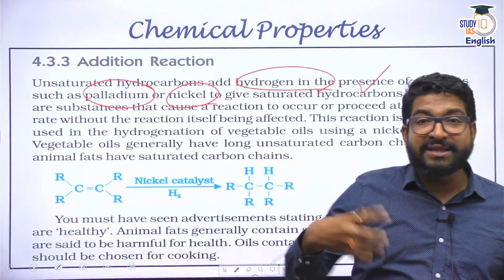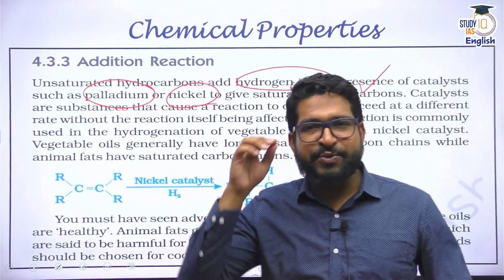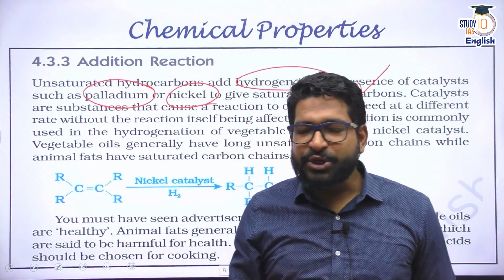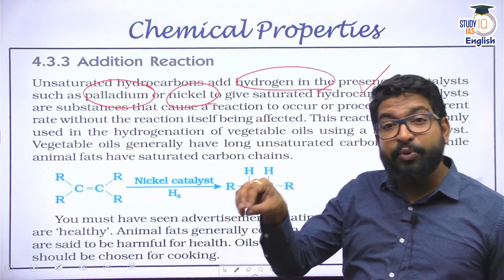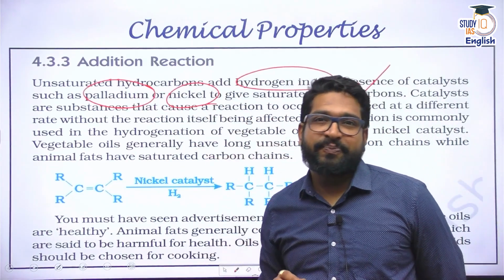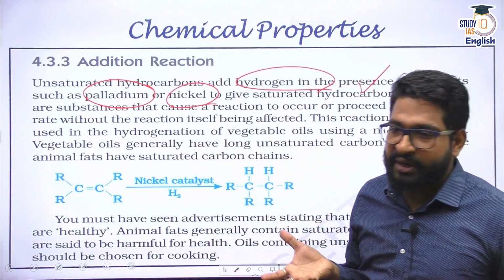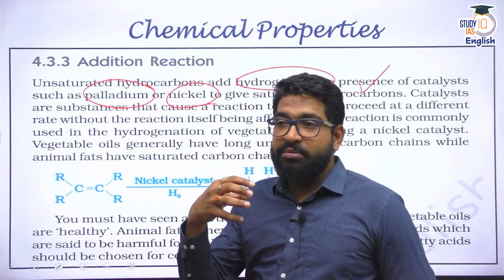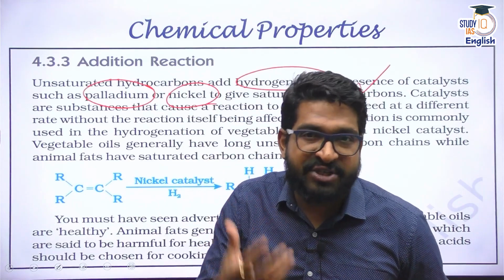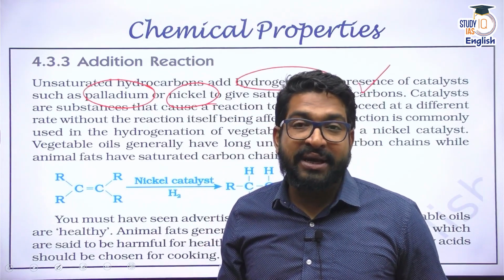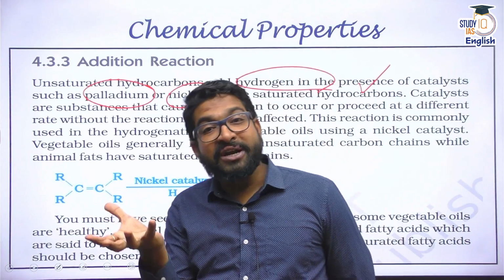And we have seen these experiments in our day-to-day life as well. Hydrogenation of vegetable oil is very prominent in our everyday life. Vegetable oils are generally liquid, right? But once we process vegetable oil through a hydrogenation reaction, it leads to solidification of that oil.